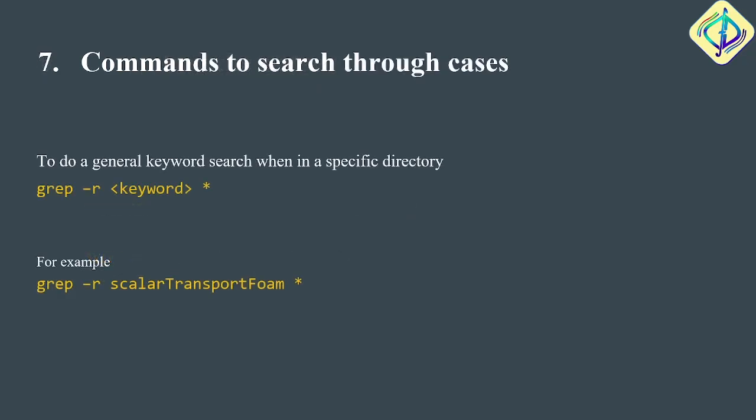You can also search solvers by their name. Within a solver, if you want to find a particular equation file, like for simpleFoam you had the velocity equation, you can use the command grep -r, then type in the equation or the file name that you want to search for, and it will search for it within that folder.